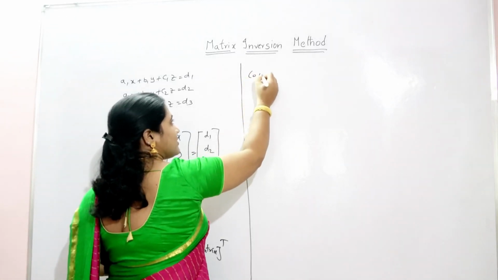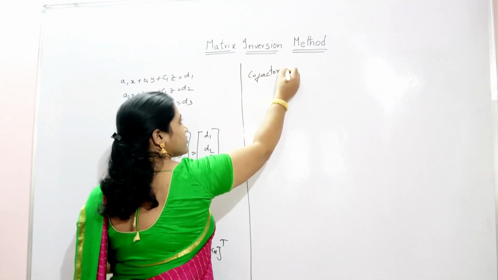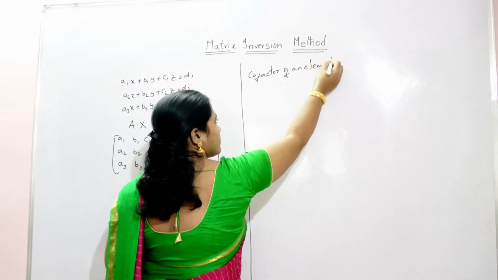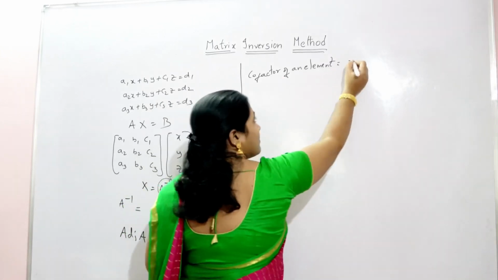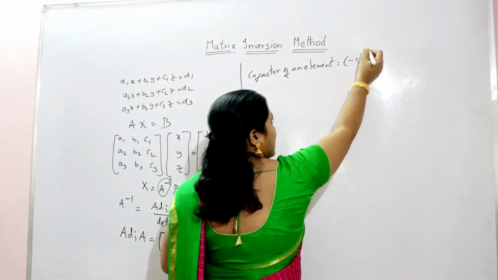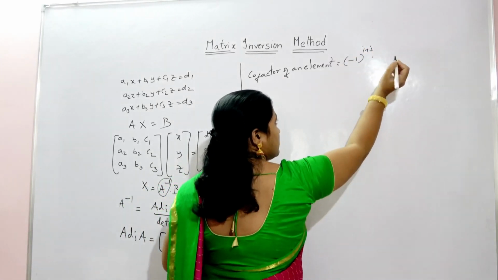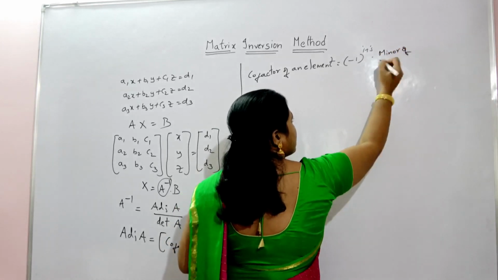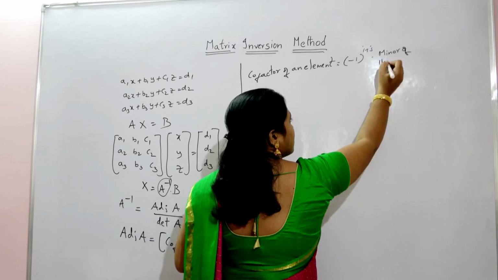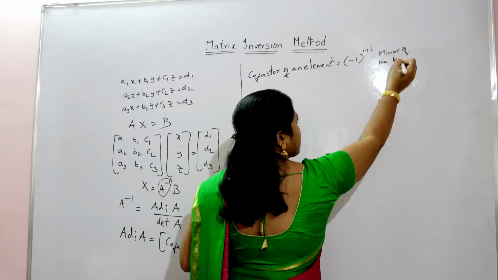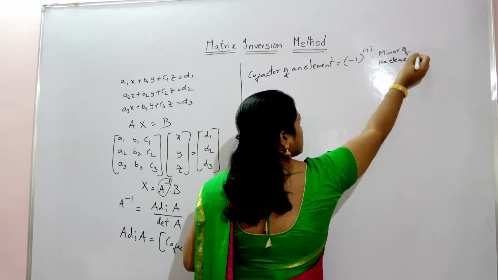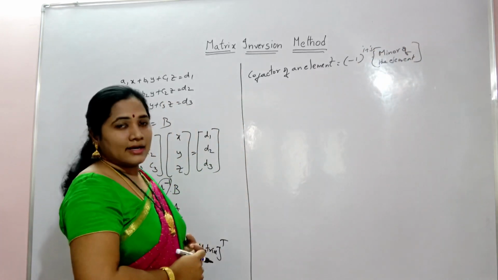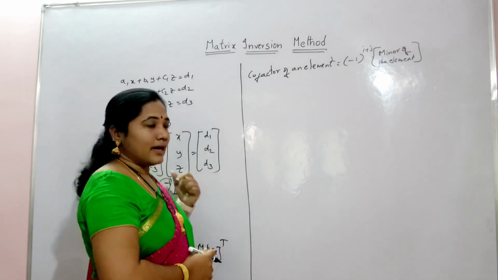The cofactor of an element equals minus 1 whole power i plus j into the minor of the element, where i and j represent the rows and columns of the matrix.